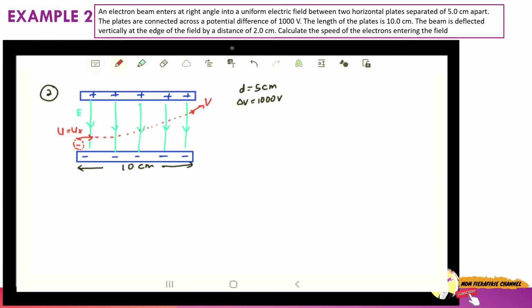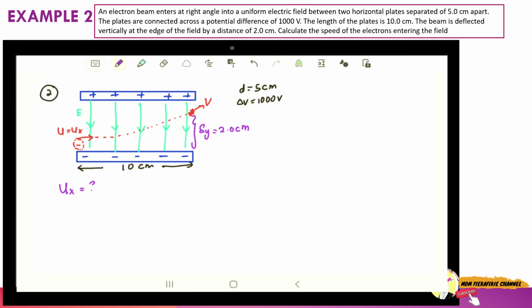And given that the vertical distance here is Sy, and it's equal to 2.0 centimeter. So now we want to find Ux, and we don't know what Ux is.